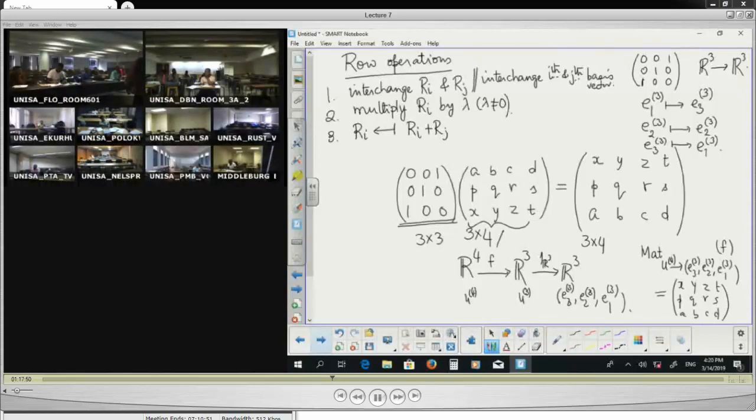But then in terms of matrices, it is the matrix for this to this, times the matrix from this to this. Matrix from this to this is the change of basis matrix. Remember, we'll be using this very, very much.